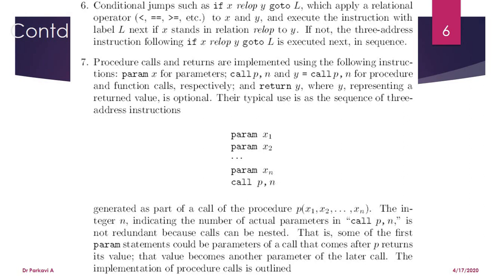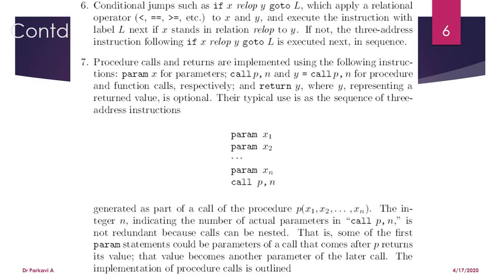The seventh one is procedure call. So whenever we write function calls in our program, they will be transformed into this form of 3 address code. How will it be? Let us see. The parameters we have mentioned there will be listed like param x1, param x2, till param xn. So all the n parameters will be listed.